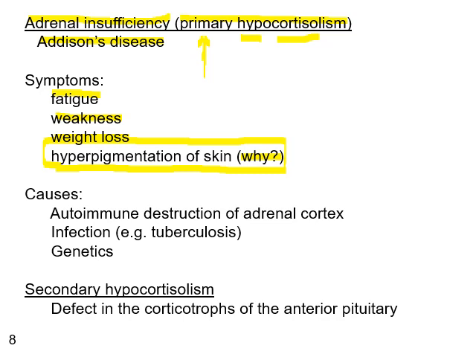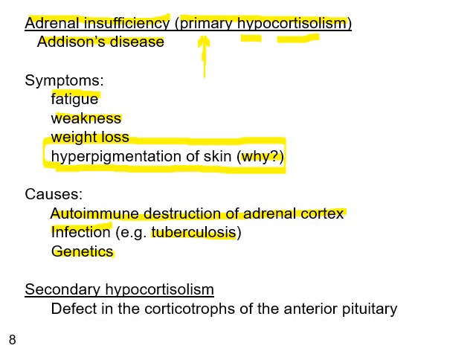So what are some of the causes of adrenal insufficiency? Well, one can be an autoimmune destruction of the adrenal cortex. If our immune system has somehow been inappropriately programmed to destroy the cells of the adrenal cortex, it doesn't produce enough cortisol. Some infections can lead to immune destruction of the adrenal cortex, or also just the bacteria can destroy the adrenal cortex.